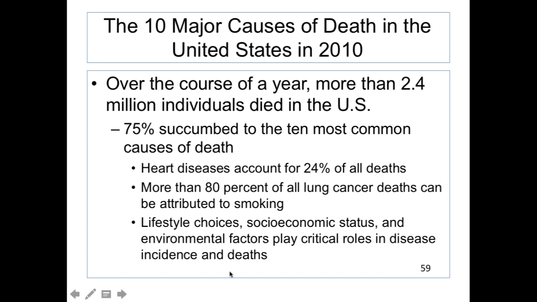So the point here is that among these 2.4 million people who died, 75% died from causes related to lifestyle choices, socioeconomic status, and environmental factors that can actually be prevented.